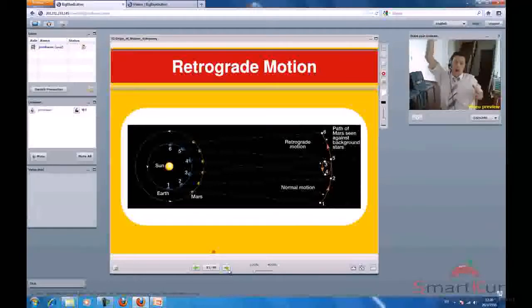Notice at number 1, when Earth is at number 1, Mars is going to be directly overhead. Mars is going to be at its highest point at about 5 in the morning, early morning. At 2, Mars is going to reach its highest point a little bit earlier, maybe 2 or 3 in the morning.